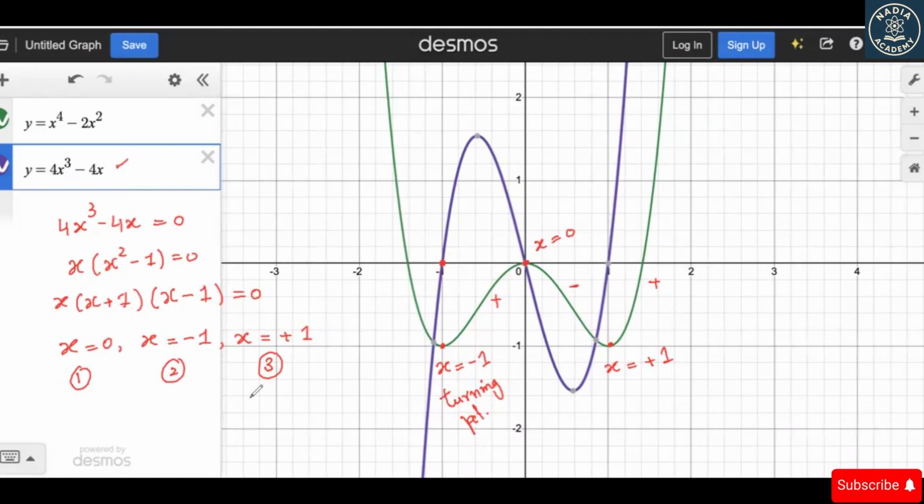Okay, so this is what we can also see in the picture here, but then there will be another question: which turning point is maxima and which turning point is minima. So now we need to find out this information.